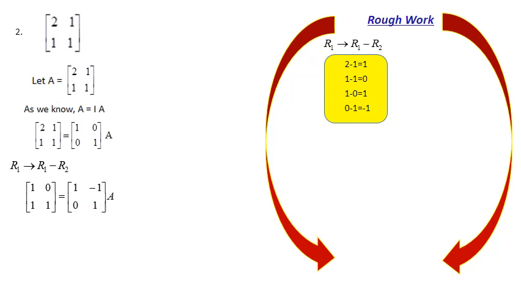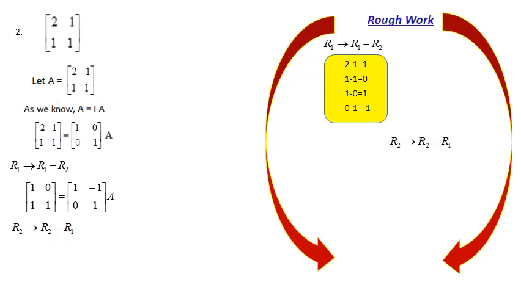R2 remains same, 0 1 into A. Now the second row first element, this 1, we have to make it 0. So how do we make it 0? Simple. When you subtract R2 and R1, that is 1 minus 1, it becomes 0. So R2 minus R1, that is the operation.